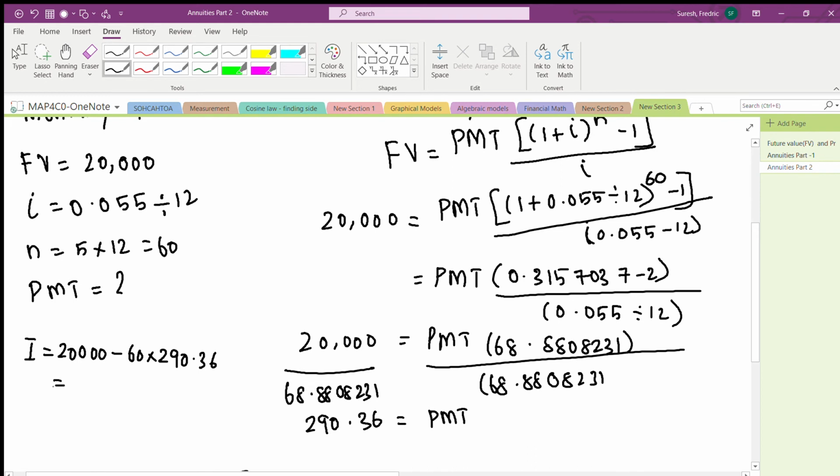Hopefully this number works out, right? So 20,000 minus 60 times 290.36, and so she made an interest of $2,578.40, because that's what happens when you make an investment.